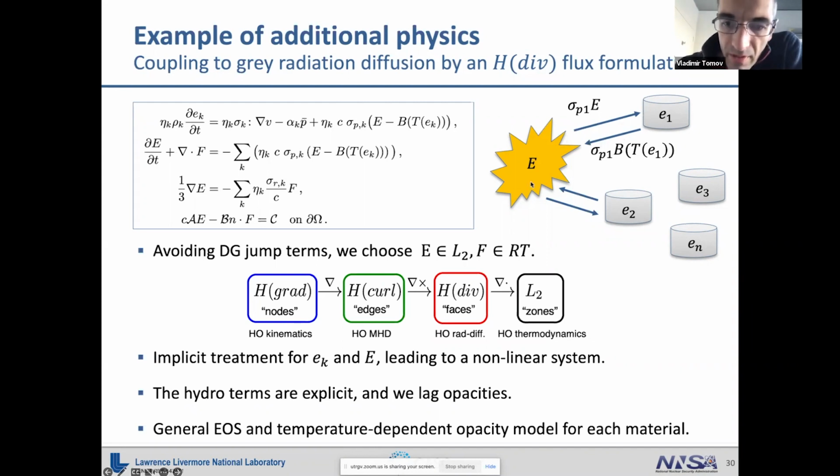So there is a radiation field that interacts with every material. Higher radiation heats the materials, while they heat, at the same time they emit radiation. So that goes to the radiation field. That's the coupling. So we get this extra equation.